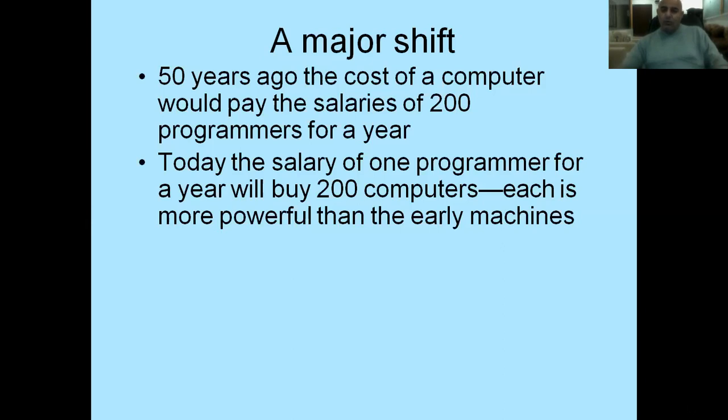Every one of these 200 computers is more powerful than the early machines of 50 years ago, which means that the focus now is on the programmer who is working on that computer, not the computer itself.